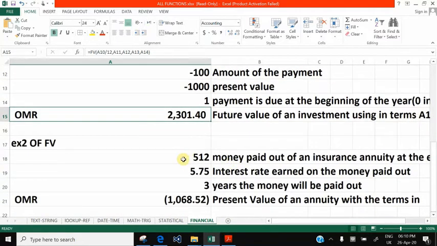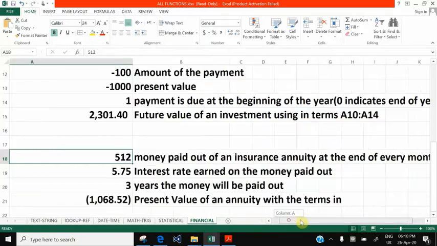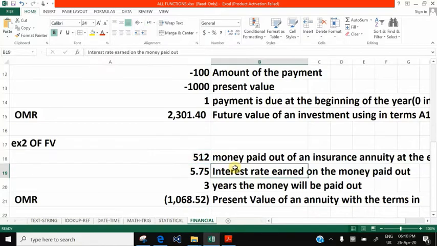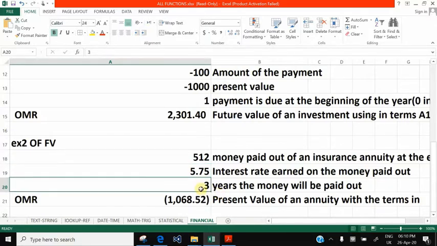Another example is like this: the money paid out of an insurance annuity at the end of every month is 512, for example. The interest rate earned on the money paid out is 5.75, and the years the money will be paid out is 3.